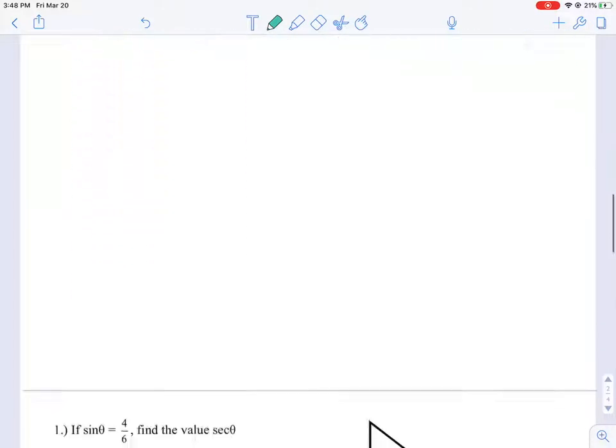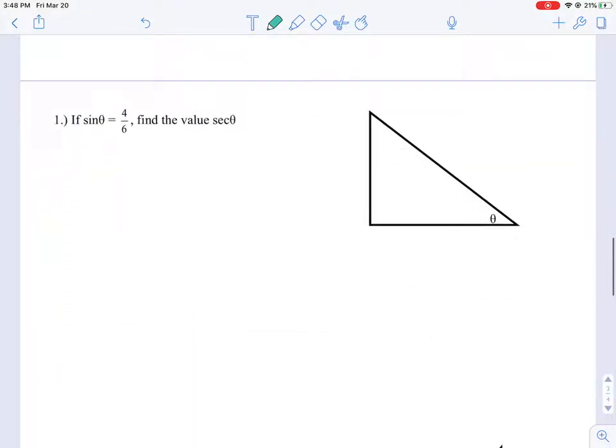All right, let's look at how this is going to look in questions. So if sine of theta is equal to 4 over 6, find the value of secant. As soon as you see one of these weird new functions, I want you to identify what the reciprocal function is. So secant, and S always goes with a C. So secant is the reciprocal of cosine.